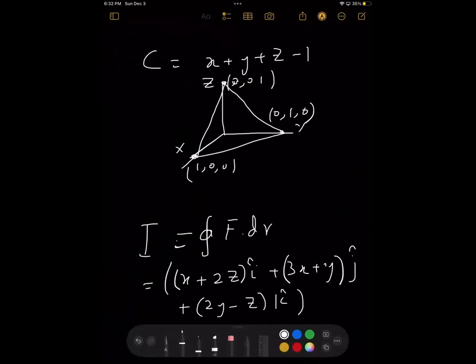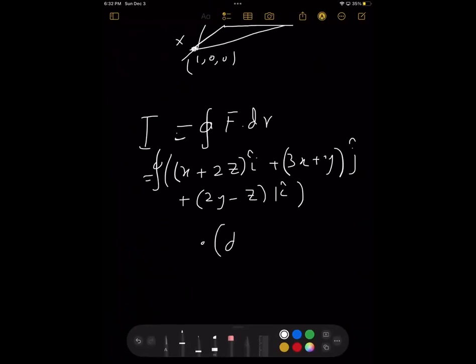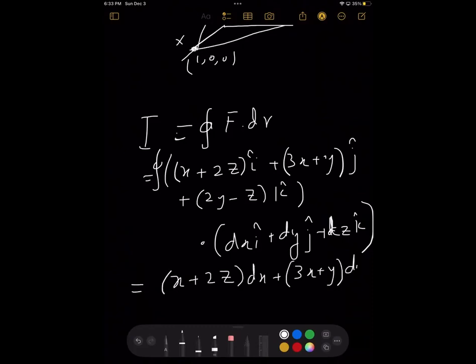So this is our F. Taking its dot product with dr, we have dx i unit vector plus dy j unit vector plus dz k unit vector. So this is a dot product, so we will have x plus 2z dx plus 3x plus y dy plus 2y minus z dz. So this is the integral we have to use.